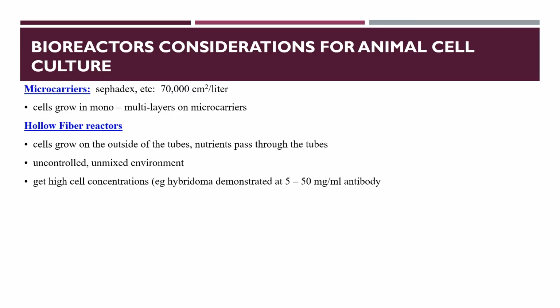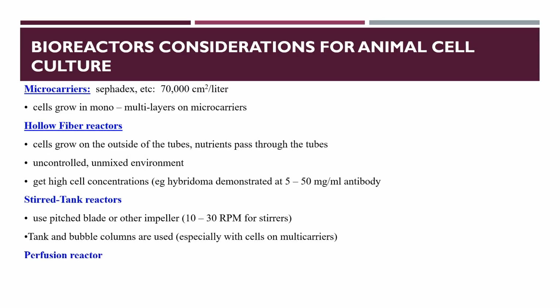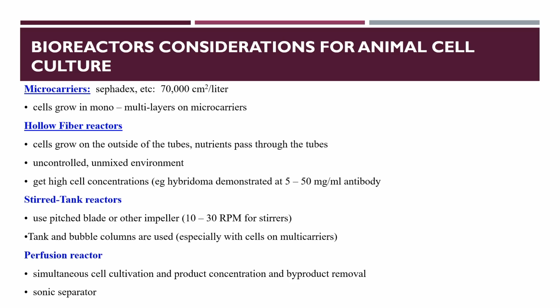Now, with this we will quickly see, for animal cell culture and plant cell culture, what the requirements or considerations for bioreactors are. First, animal cell culture: what are the features?